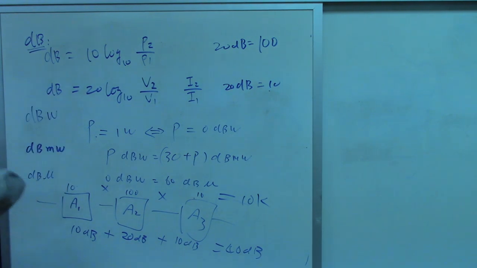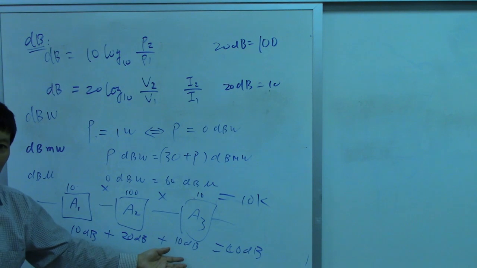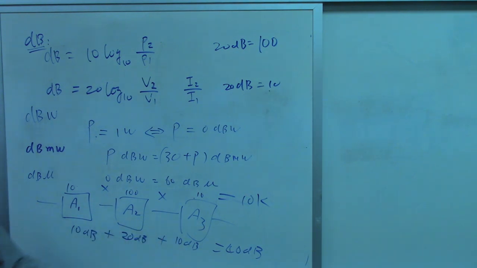In this link, we are going to have attenuation. For example, because of the rain, because of the atmosphere, all this. So the gain will be a number less than 1. That means attenuation. In that case, we should divide by that factor, or in dB we just subtract that attenuation.